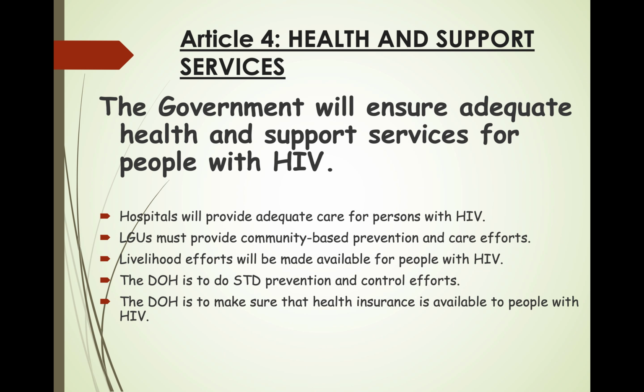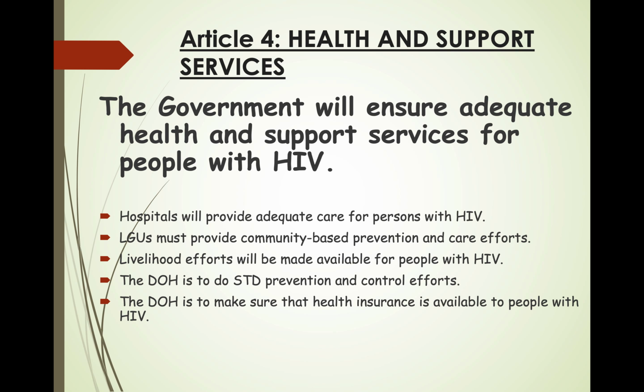Okay, so aside from that, we also have your health and support services, which is Article number 4. The government will ensure adequate health and support services for people living with HIV. Hospitals will provide adequate care for persons with HIV. Your local government units must also provide community-based prevention and care efforts.